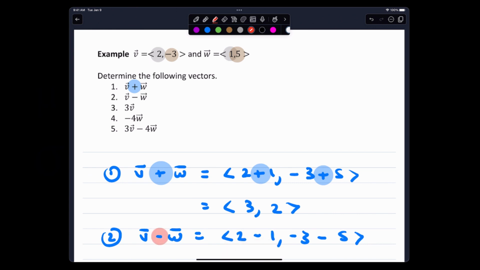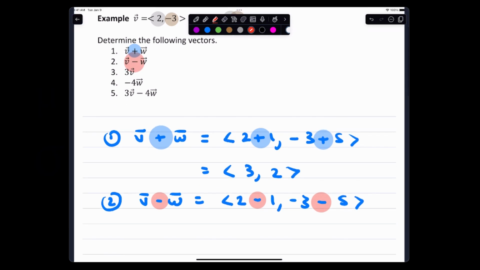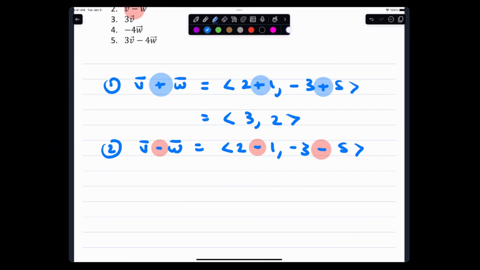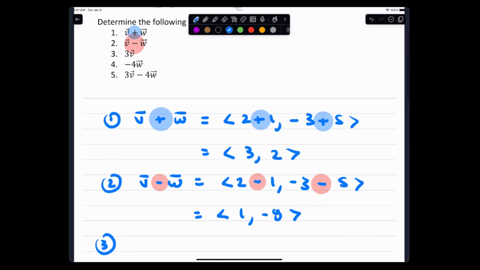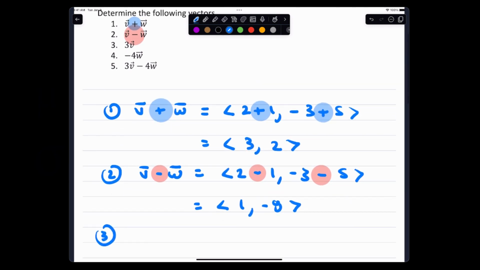Subtraction, subtraction, and subtraction, okay? This is for number 2. So you end up with now, ladies and gentlemen, what's 2 minus 1? 1. What's negative 3 minus 5? Negative 8. Okay, easy peasy lemon squeezy? What do you guys think? Is that easy?